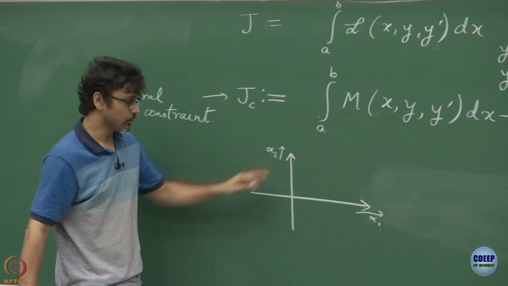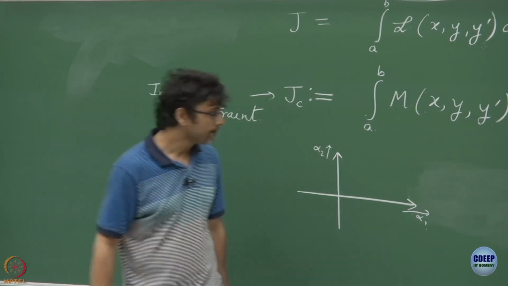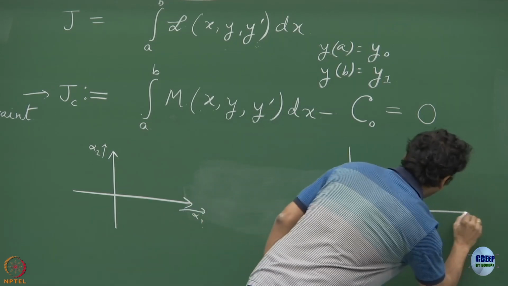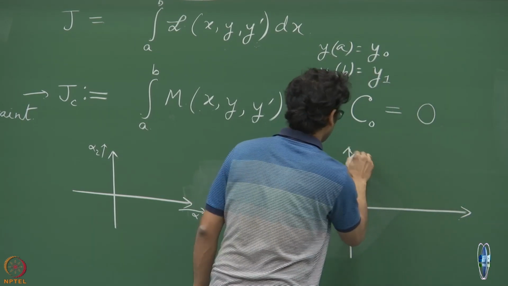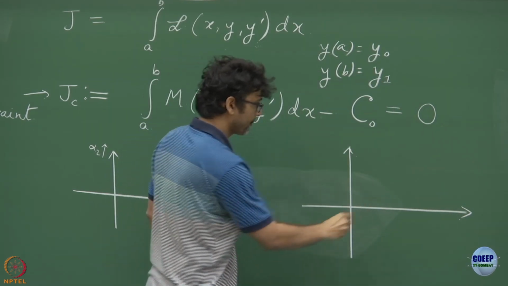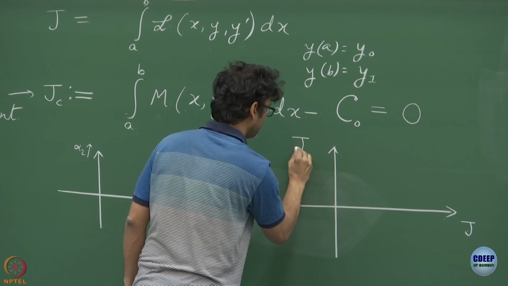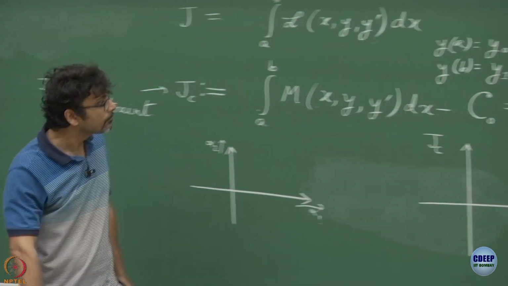So this is its domain, and its codomain would be something that looks like this. Do you agree?